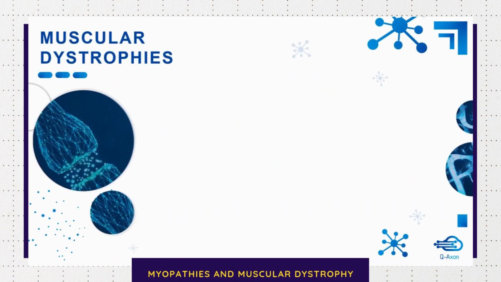Let's now specifically talk about muscular dystrophies. So, muscular dystrophy is a group of diseases that causes progressive muscle weakness and loss of muscle mass. In this condition, there are certain mutations in some genes which interfere with the production of proteins needed to form healthy muscle.